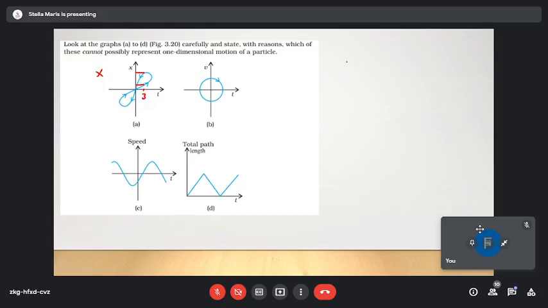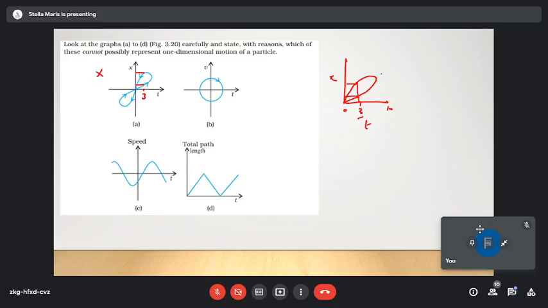Yes, sir. This is the x-t graph, and here it is 0 to 10 seconds or something like this. This is the third second. Now, at the third second the body is at this position. Am I right or not? But at the same third second the body is at this position also.